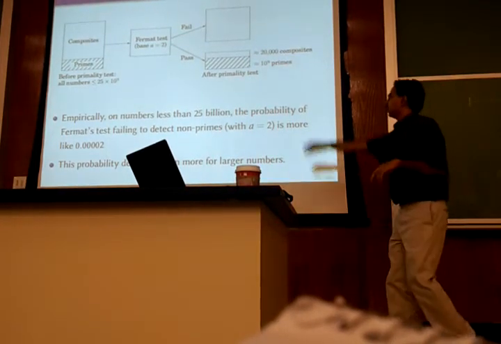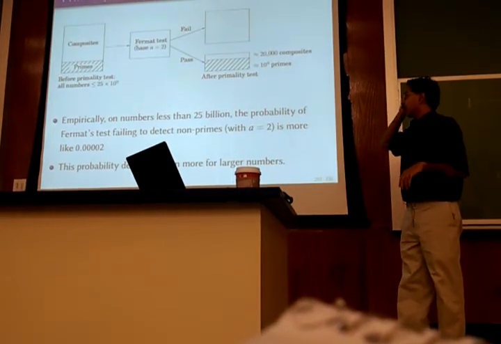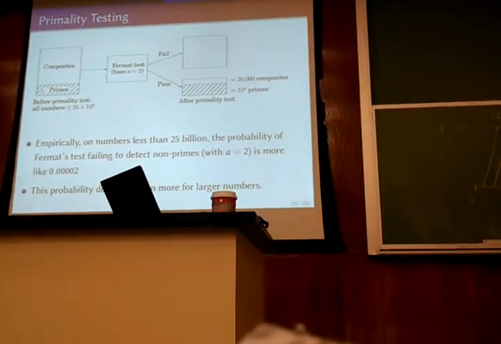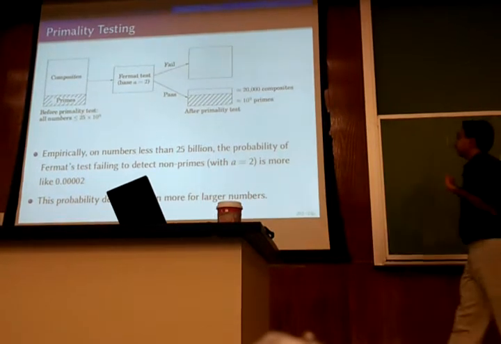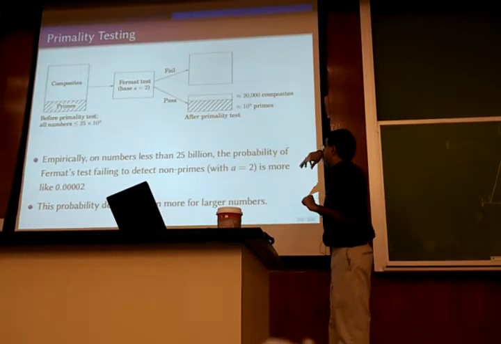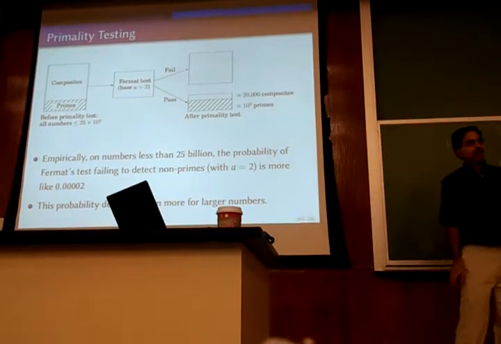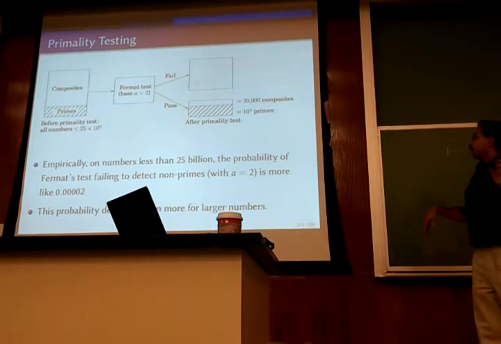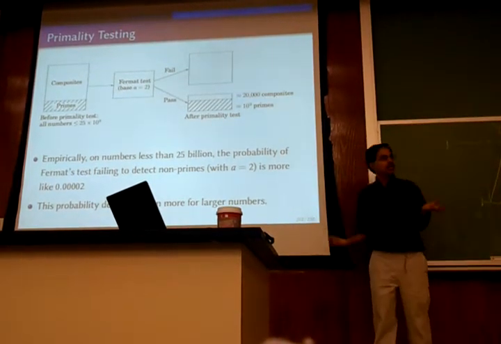So in fact, if you do an experiment taking, say, the first 25 billion numbers and apply Fermat's test, it is actually quite good, and it sorts them into approximately 1 billion numbers that are possibly prime, and in that billion numbers, there are only 20,000 that are composites.